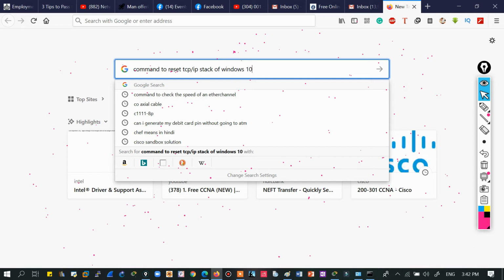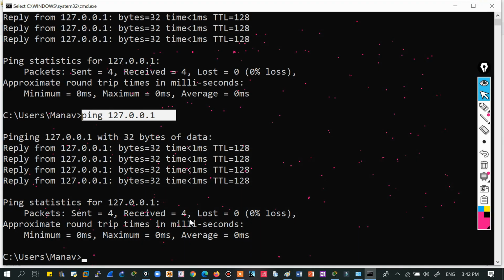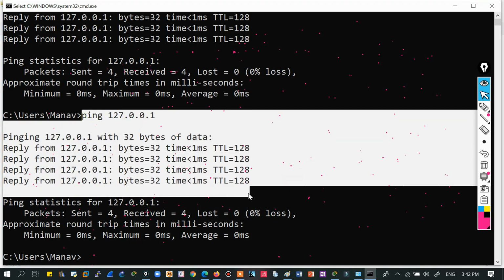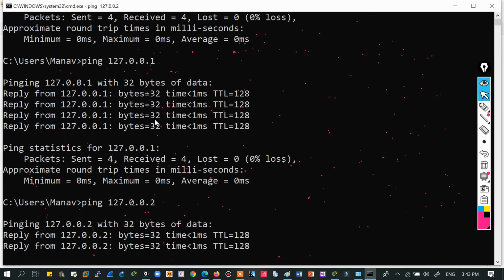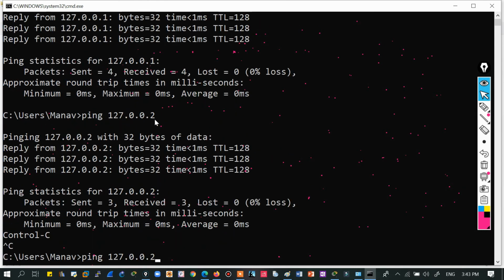You will get some commands, run those commands in CMD and restart the PC. This problem will be resolved, which is very rare. And not just one, .2 again gives the ping reply, .3 too, meaning the complete 127 network is reserved for your loopback testing, right?